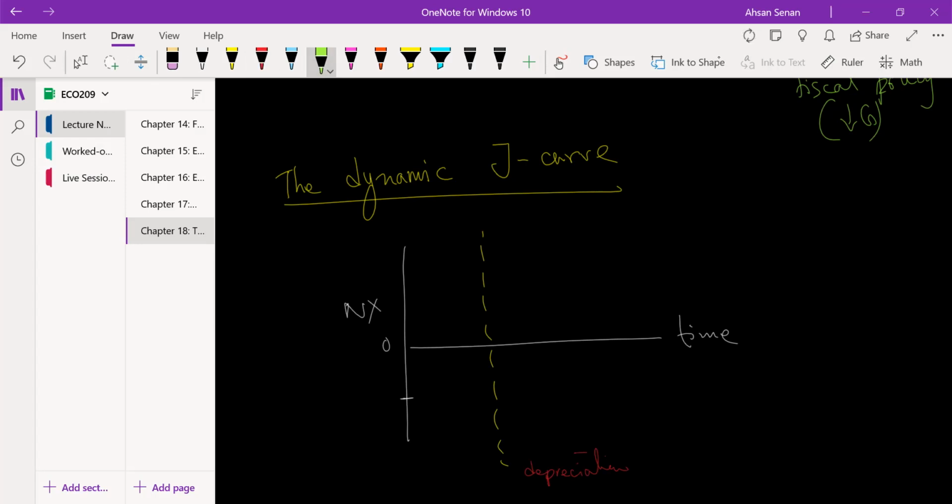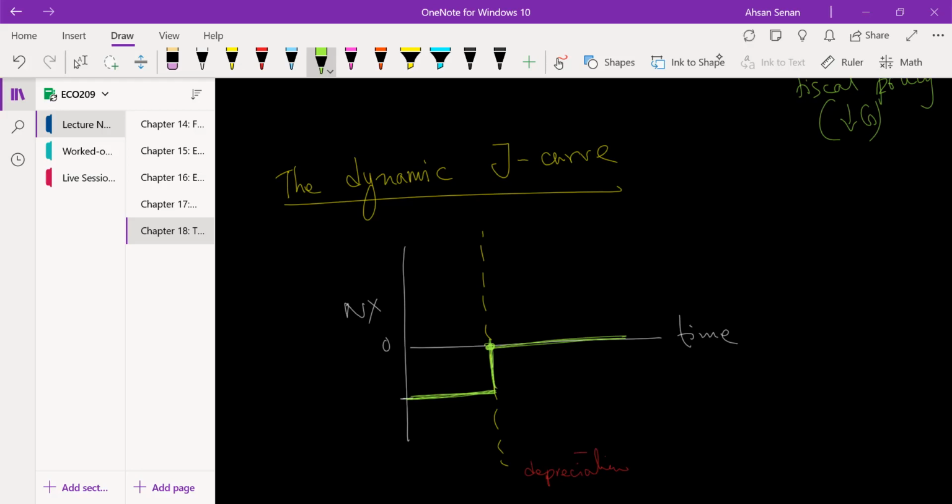So we are operating at this level of NX, okay? At this level of NX. What we are hoping is that we are going to implement depreciation at this point, and as a result, our net export deficit will disappear. We will come here, and then we will operate here. This is what we have so far envisioned happening, right?